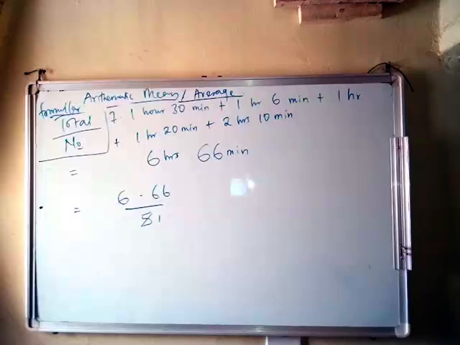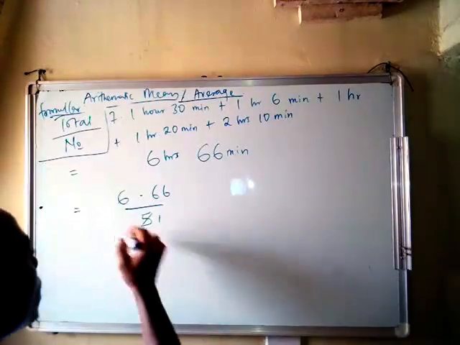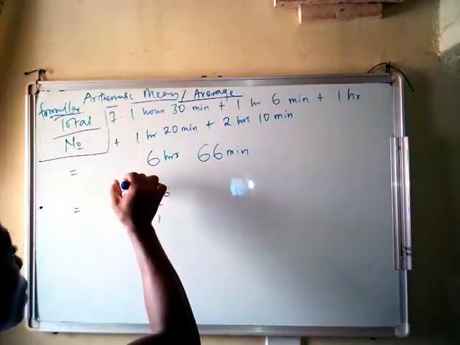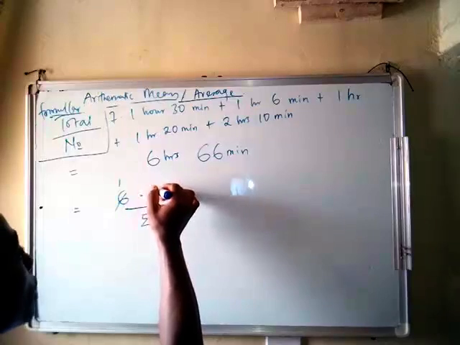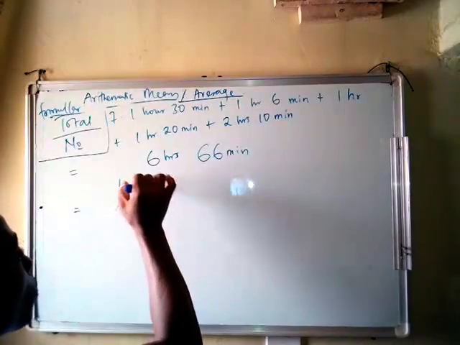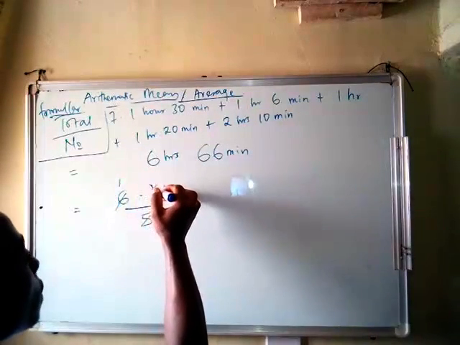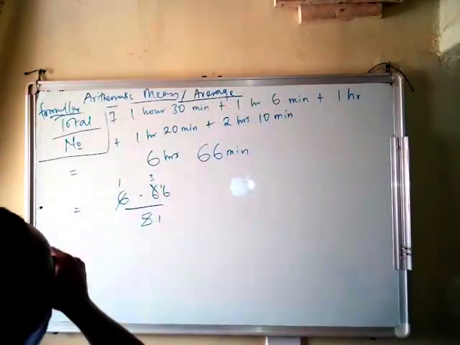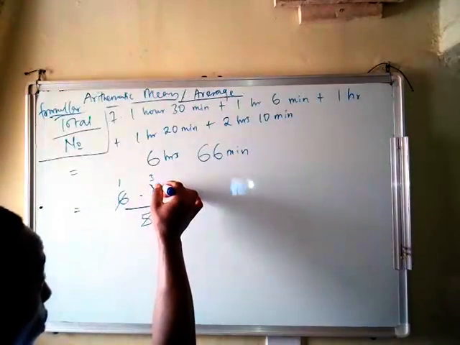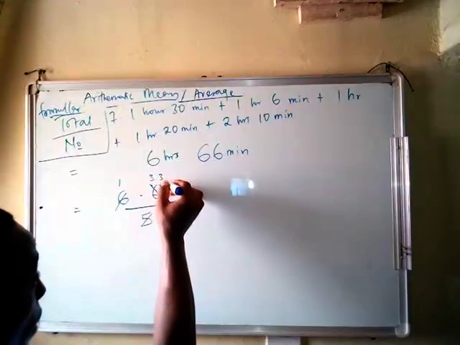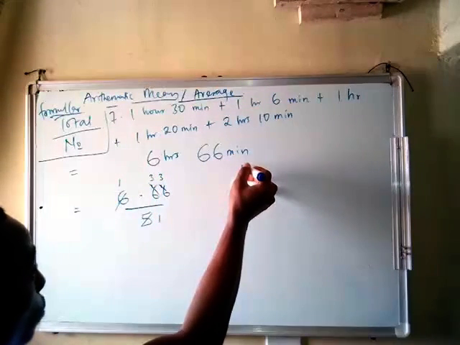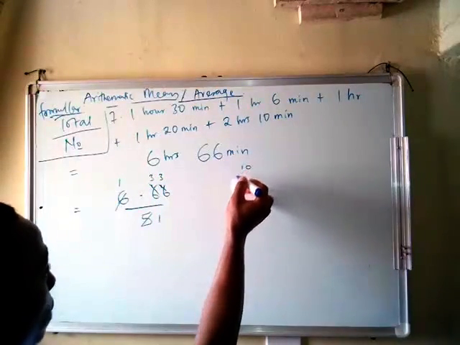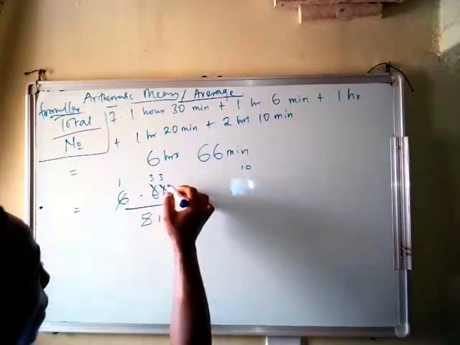Remember 1 here. 5 into 16. Remember to place your point. 5 into 16 is 3. Carry 1. Right? 5 into 16 is also 3, and carry 1. So I'm putting my tiny 1 over there. So I add 0. And what do I have? 5 into 10 is 2. So I'm having 1.332. Right?